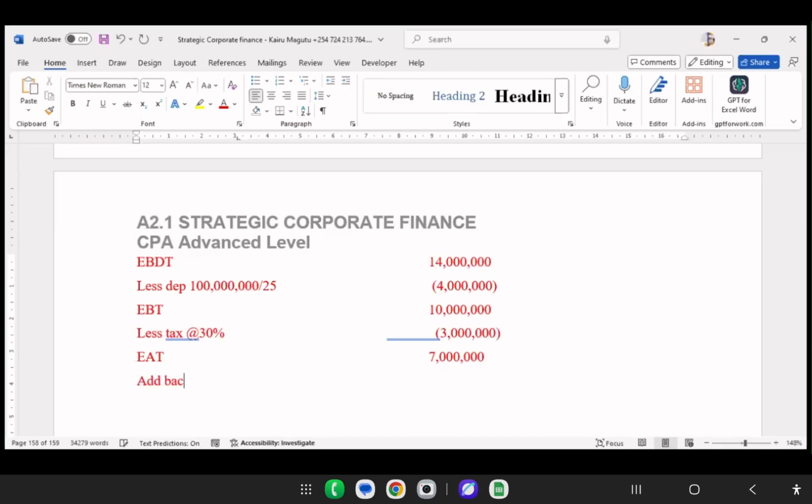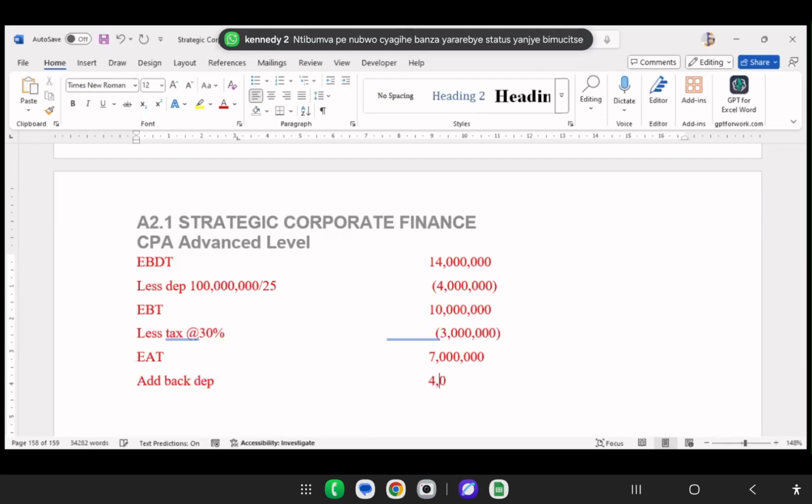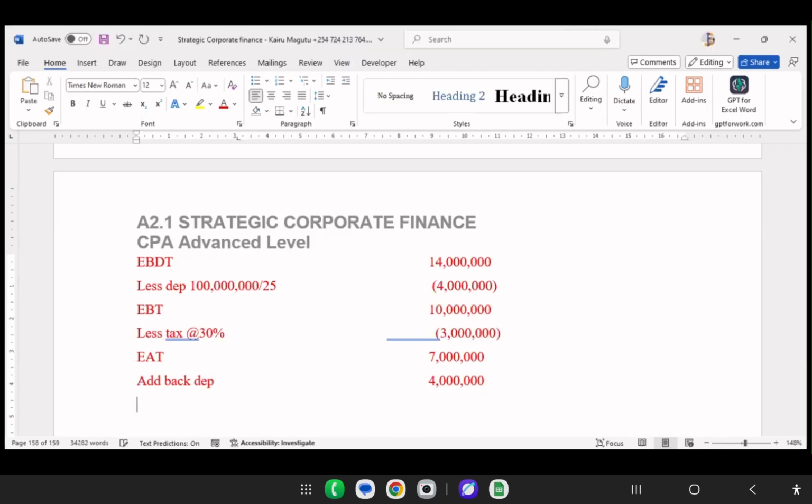Add back depreciation. The depreciation was 4 million. This is the annual cash flow. The annual cash flow, this one is giving me 11.